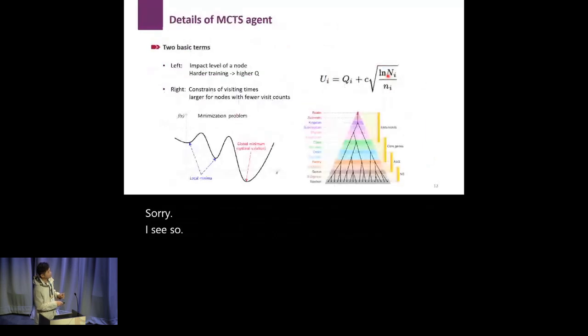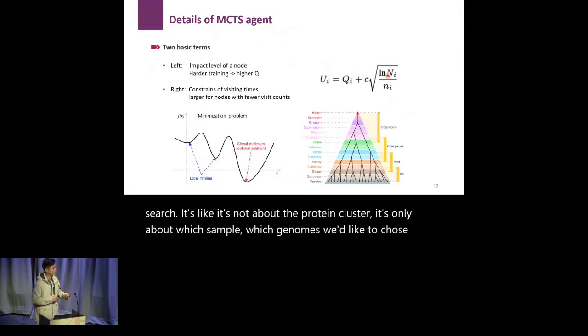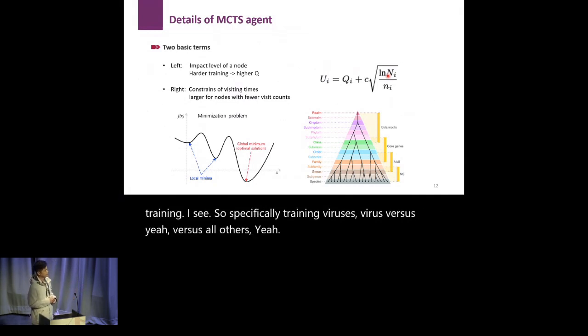So this taxonomy tree is only used for tree search. It's not about the protein cluster. It's only about which samples, which genomes we'd like to choose for training. I see. So specifically Giant viruses versus all others. Yeah. Okay. Thanks again.